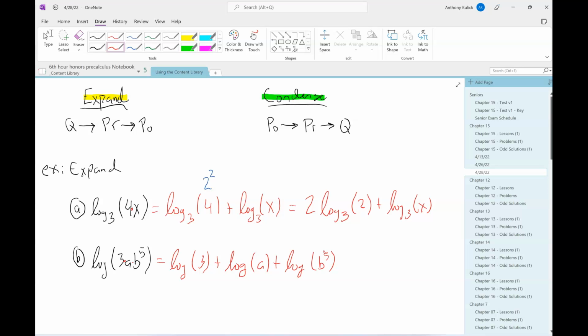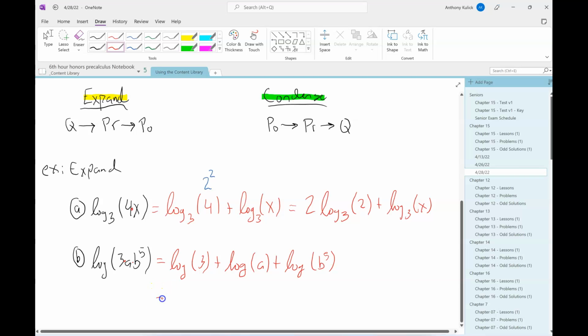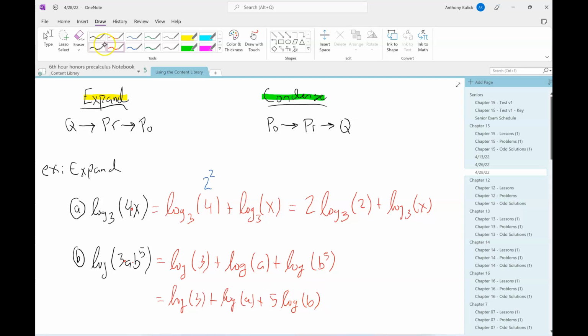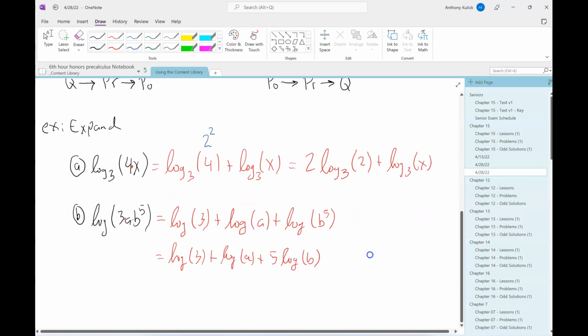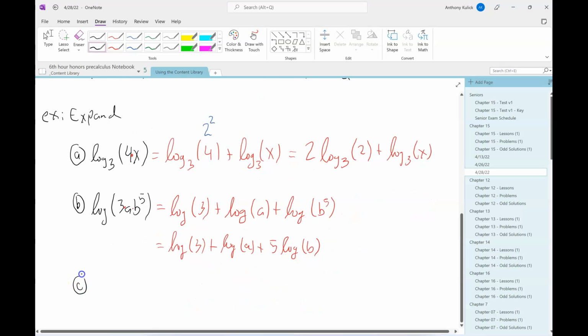Just one. With which log? Yeah, the last one, the log b to the 5th. Now, how come I didn't have to mess around with log of 3? 3 is prime. Very good. Everybody happy? Again, not so bad.